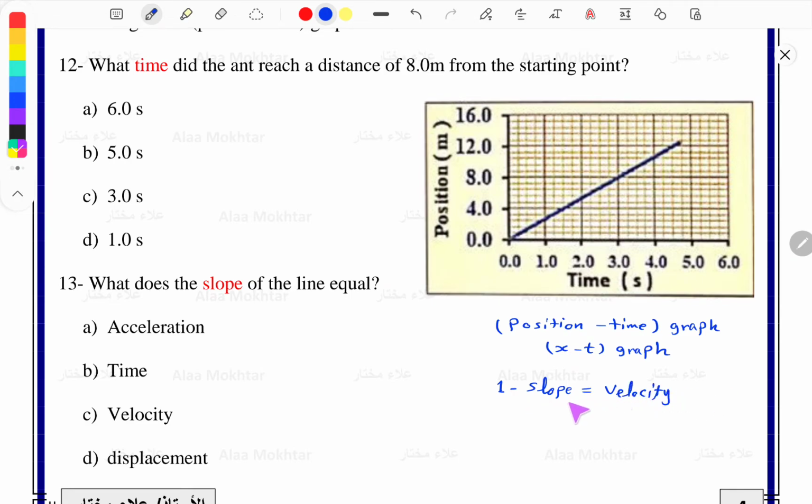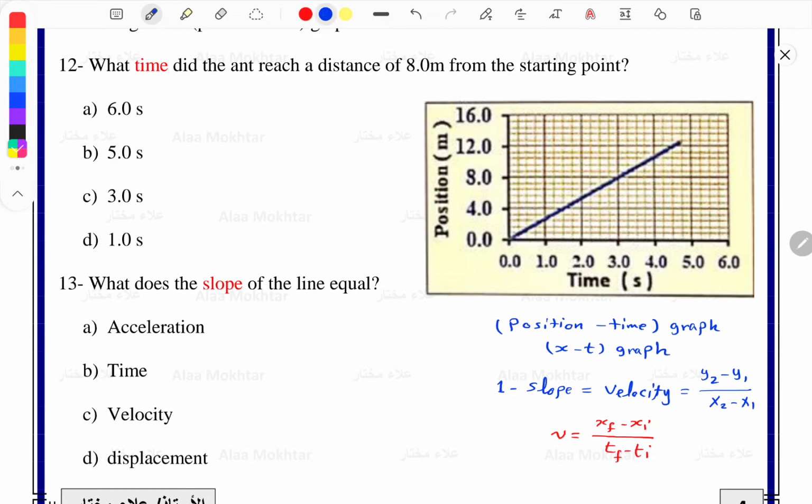All of you know the slope equals y2 minus y1 over x2 minus x1. Y means y-axis, x means x-axis. In physics, the slope or the velocity equals, with y-axis representing position, x final minus x initial divided by t final minus t initial. Okay.